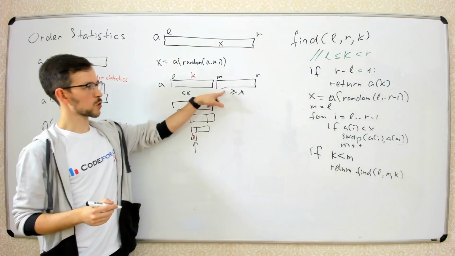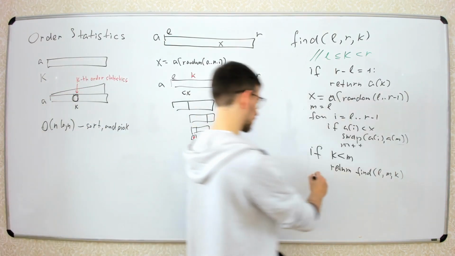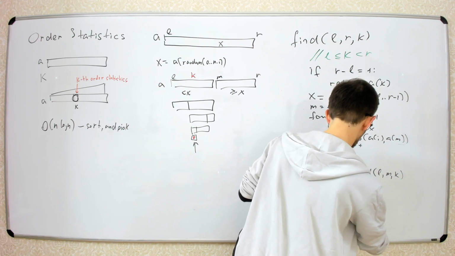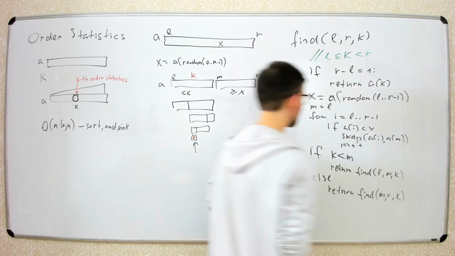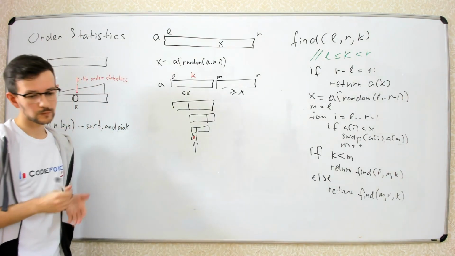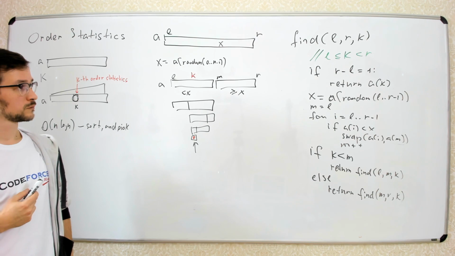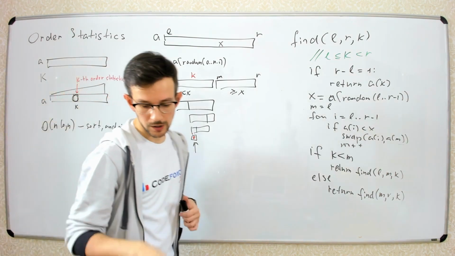And if it's greater or equal to M, then we make a recursive call for the right part. That's all. That's the whole algorithm.